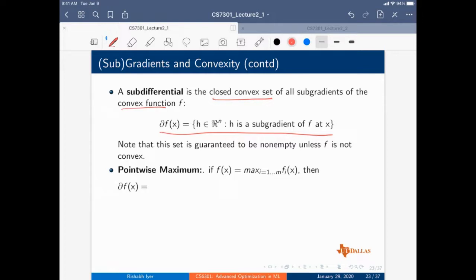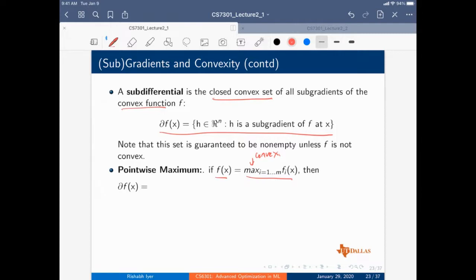So the pointwise maximum of a set of functions. If you have f of x, then you define basically max over i from 1 to m of f_i of x, right? So you consider this function. This function we saw is convex, okay? But very likely this function is not going to be differentiable, right?